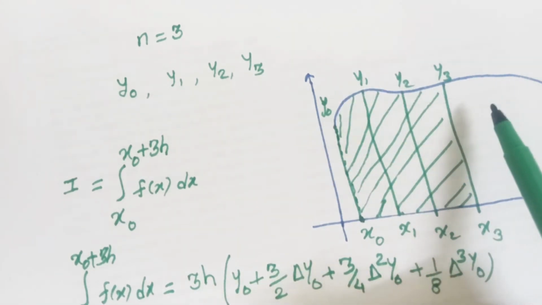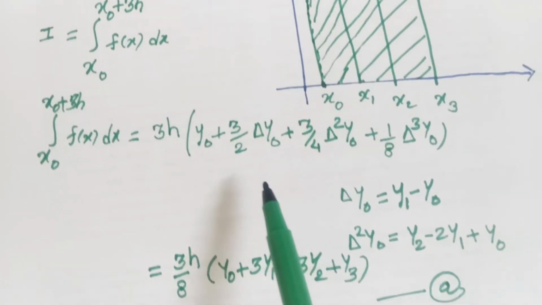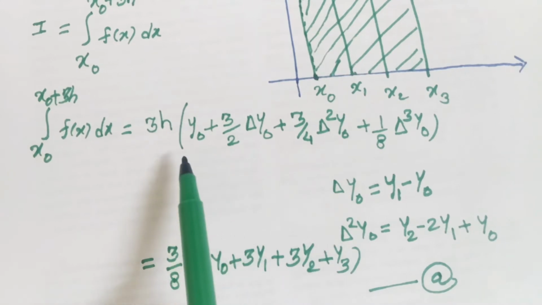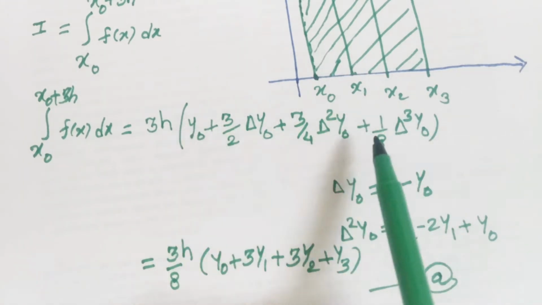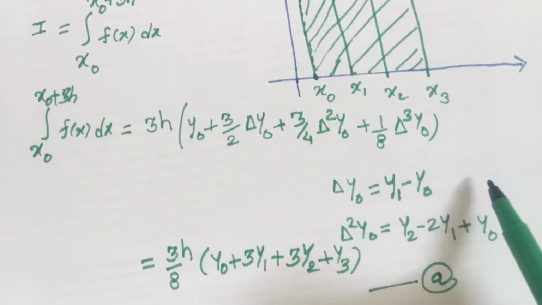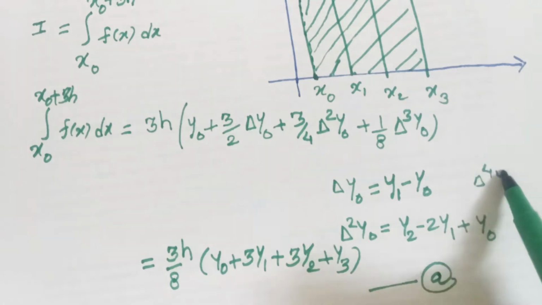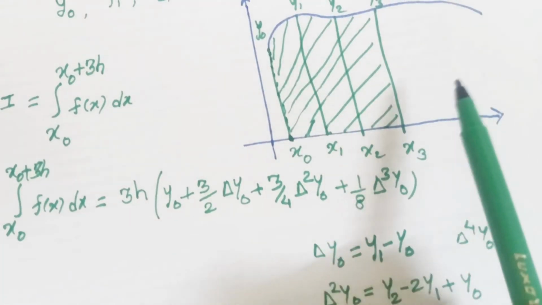The remaining values we are not taking, so we just find this term. That's why we put n equals 3 in Newton's Cotes quadrature formula. We have taken terms not containing delta to the power 4, because delta to the power 4 y0 contains y4, which is not in our region.